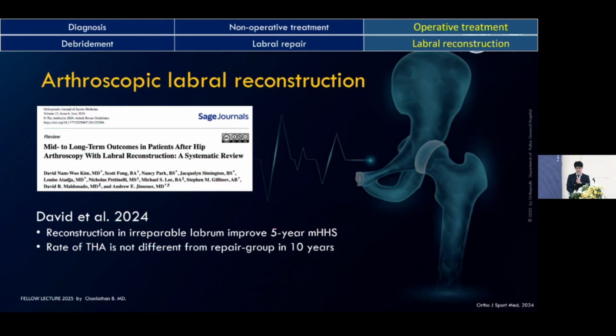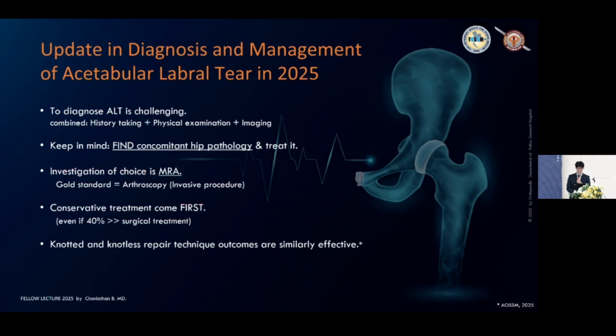There is a study in 2024 by Dr. David showing that reconstruction in irreparable labrum improved the 5-year modified Harris hip score, and the outcome is good because even in irreparable tissue, the rate of hip arthropathy is not different from the repair group at 10-year follow-up.